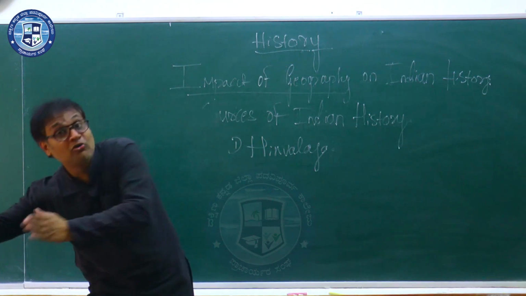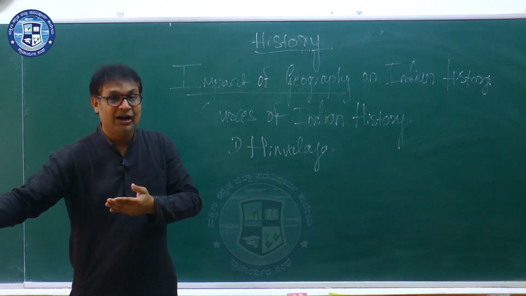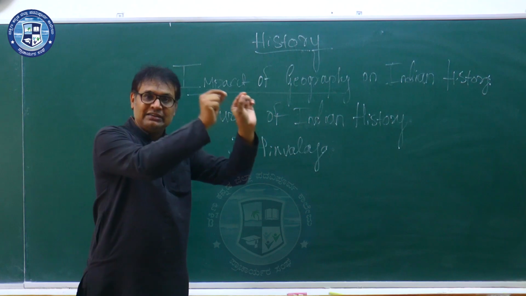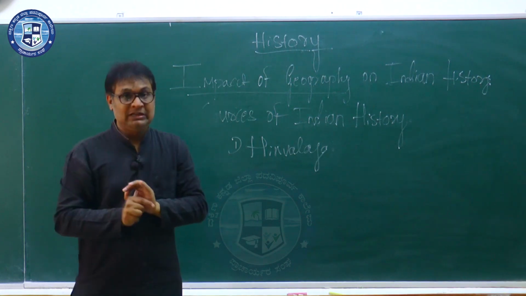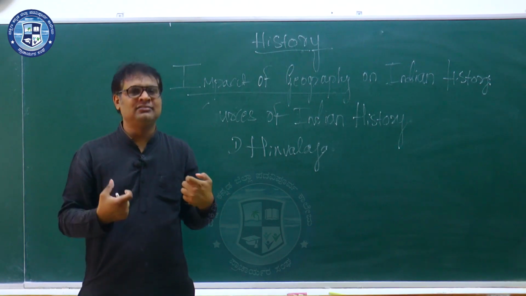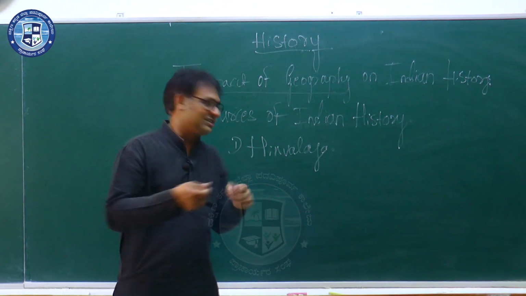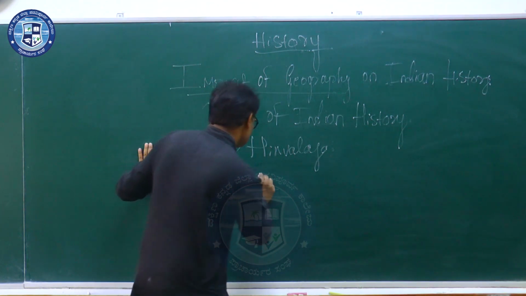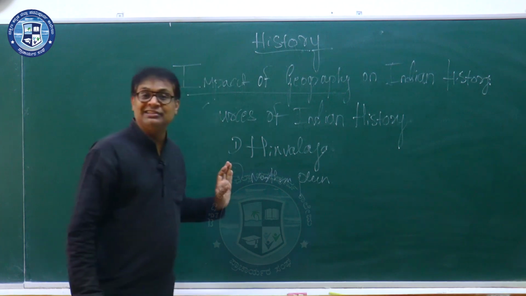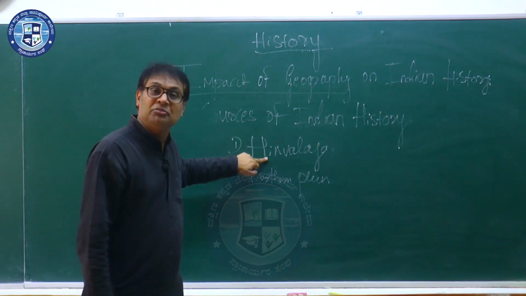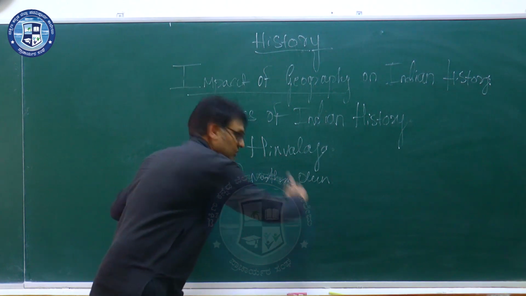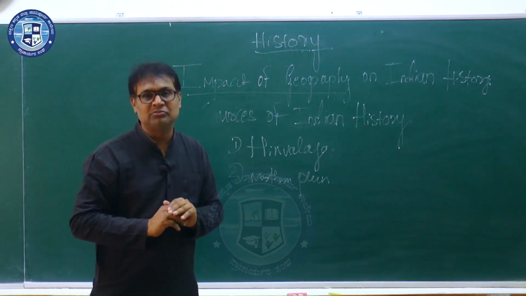So that created the northern plains. See the links: the Himalaya has given birth to several rivers, and those rivers created the northern plains, which are very fertile. Second one is the northern plains.